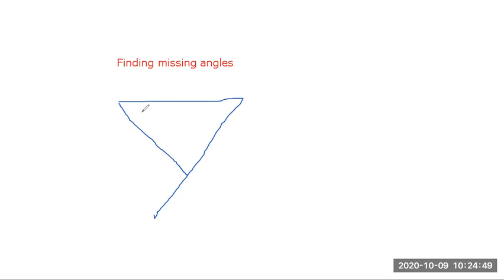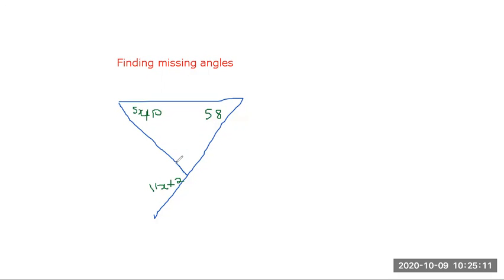The inside of this one is 5x plus 10. This one is 58. And then this one is 11x plus 2. So the question is asking me to find the exterior angle.